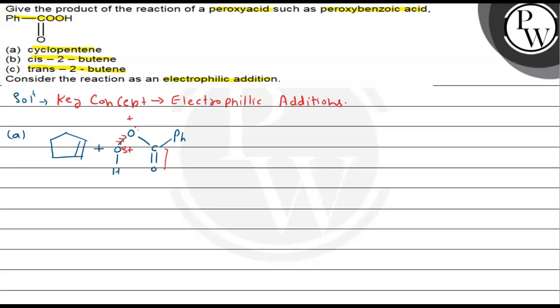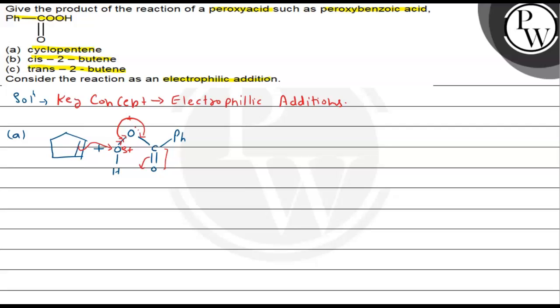Now this oxygen will behave like an electrophile, so we can say this pi bond will attack this oxygen, and the weak bond between oxygen and oxygen will break down, and these electrons move between oxygen and carbon to form a multiple bond.